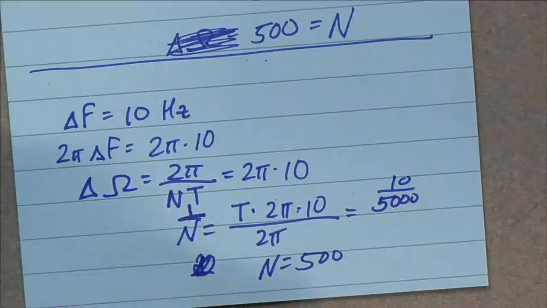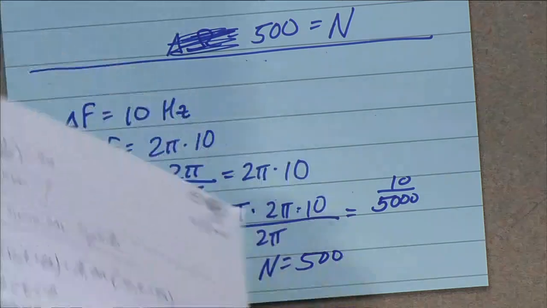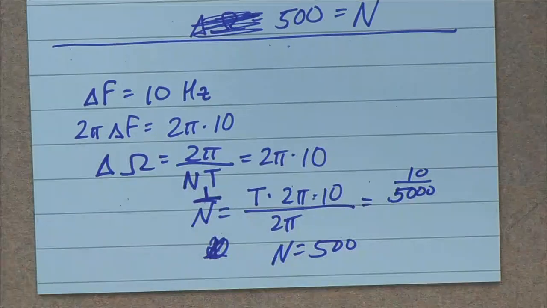So let's kind of move a little bit further into this, and I think what I want to do is look at the properties of these windows, because we talked a little bit about how they affected, and I think you remember back to when we were doing filter design.